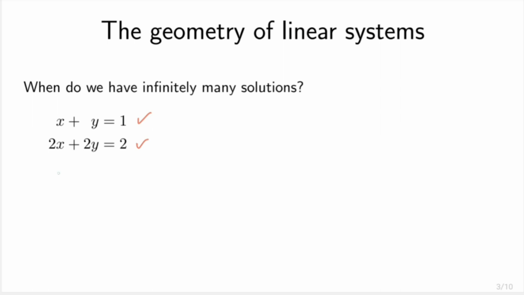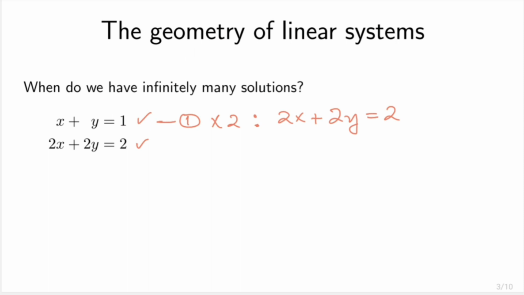If you notice that 2x plus 2y equals 2 is what we get when we multiply this equation by 2, then that's very good. So equation 1 times 2 gives us 2x plus 2y equals 2.